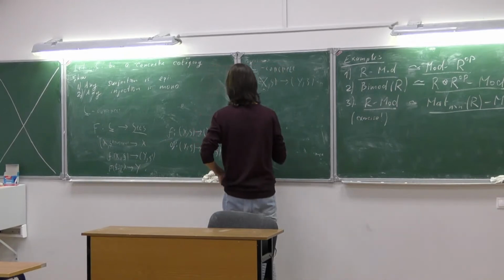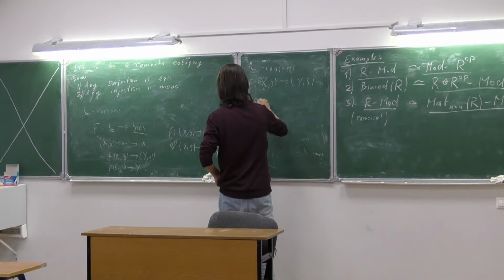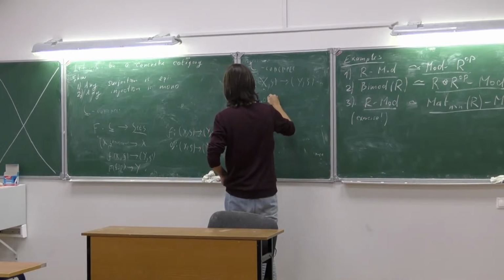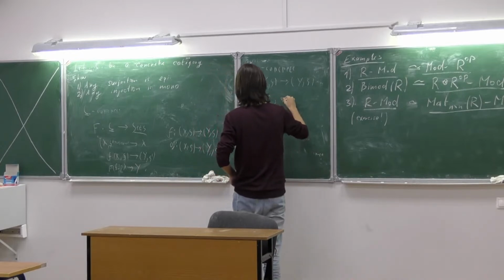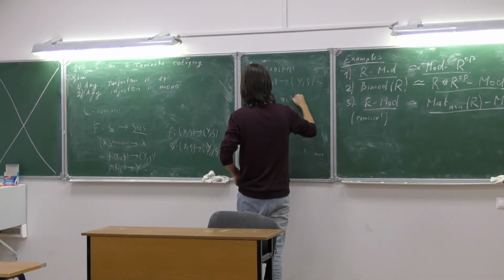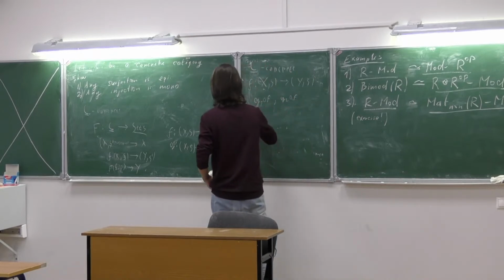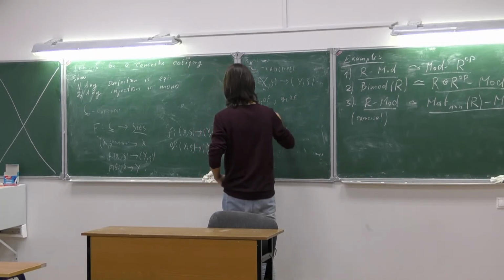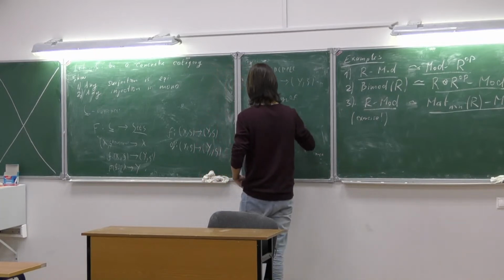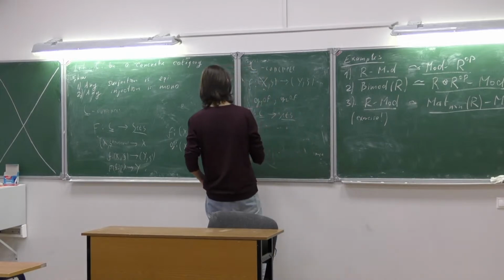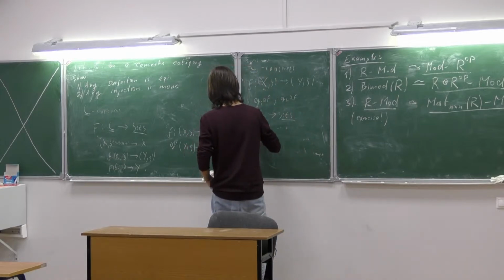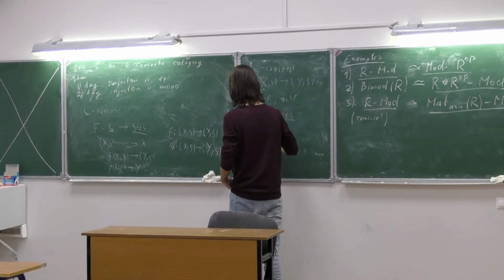So what I want to do is, we have this composition and this composition. I want to take the functor from the category to sets.